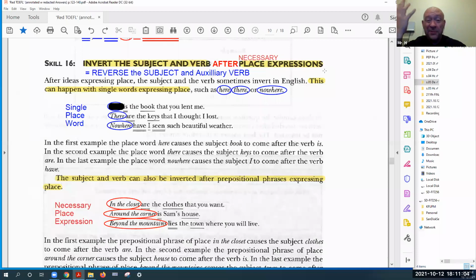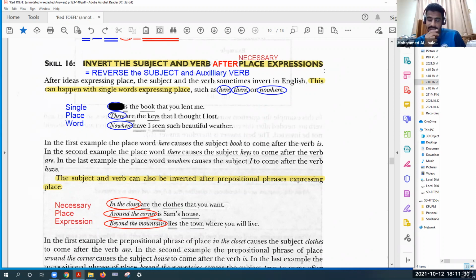Something more. Like an object. Where's the subject here? The book. And where's the verb? Is and lent. So the verb comes first, and then the subject, the book, right? But that I lent me describes the book. Okay, Mister, I have a question.